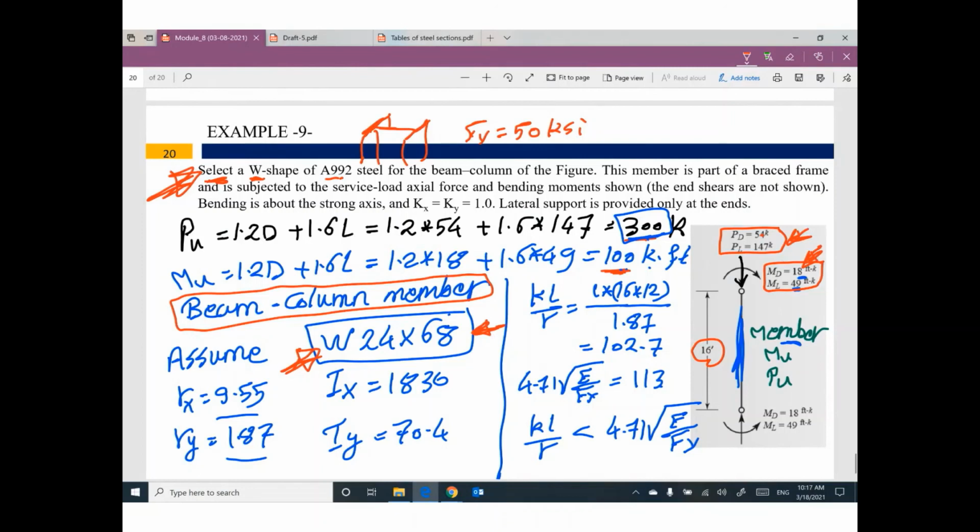If you are solving using RISA, it can give you the final answer without any modification. So P ultimate and M ultimate will be given directly from RISA because you're already doing load combinations inside RISA.